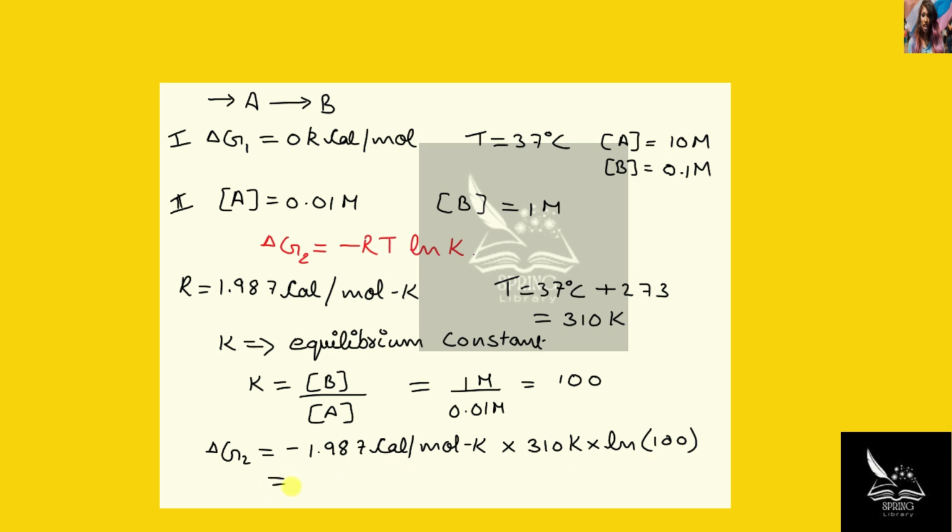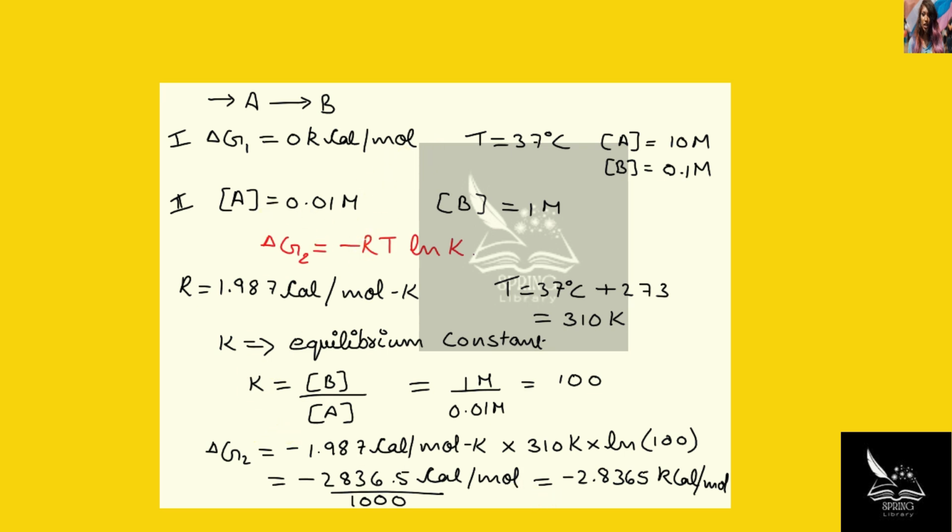We get delta G2 equal to minus 2836.5 cal per mole. To convert it into kilocalories, we divide this by 1000. So it is equal to minus 2.8365 kcal per mole.